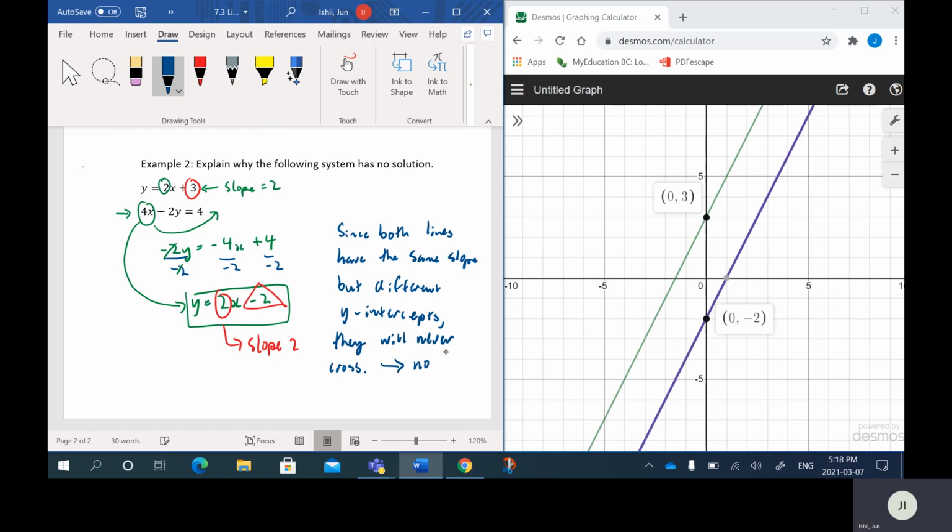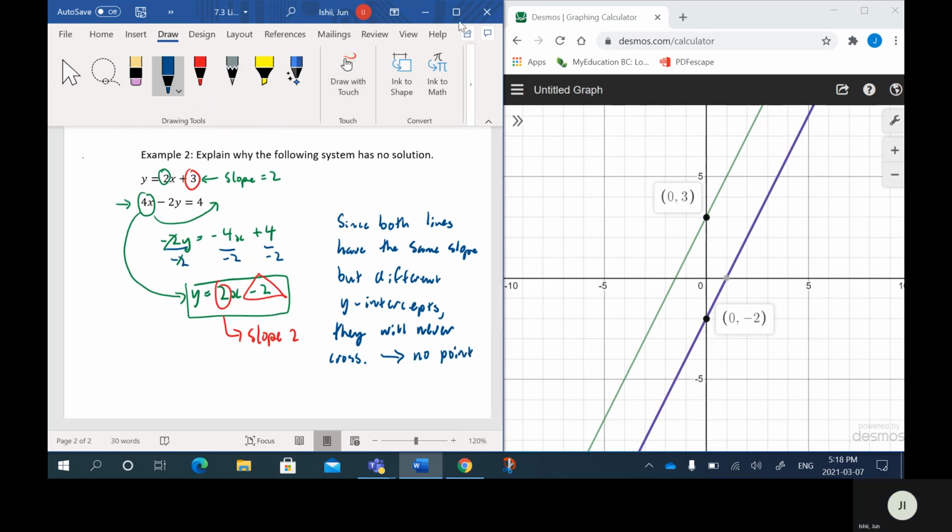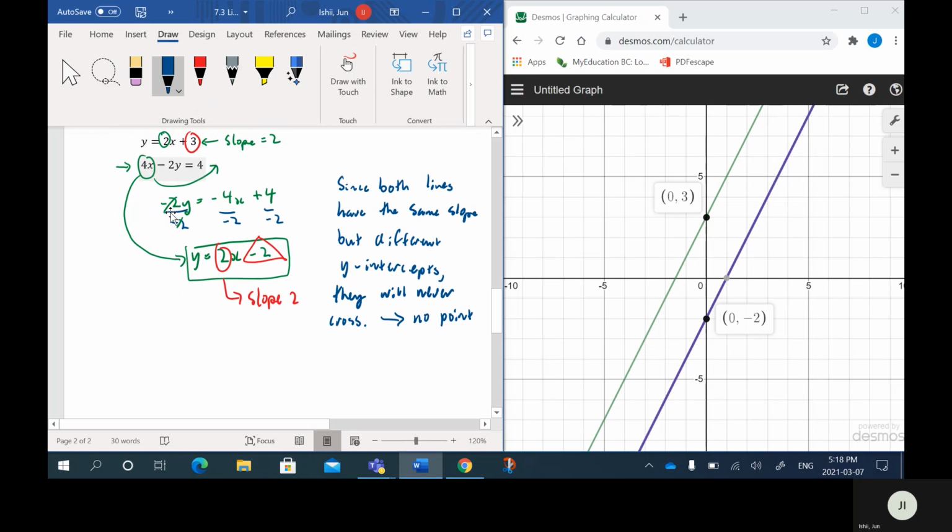Therefore, there is no solution. All right, so if two lines in a system have the same slope but different y-intercepts, then they'll never cross, and therefore there will never be any solution.